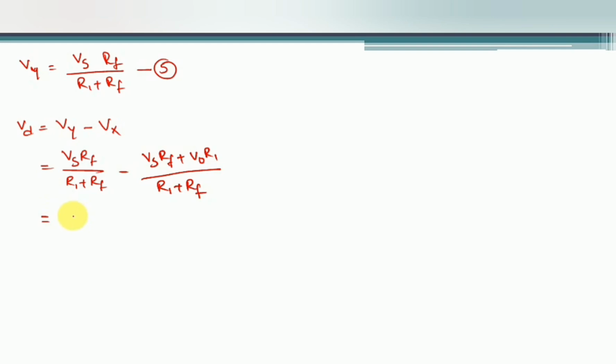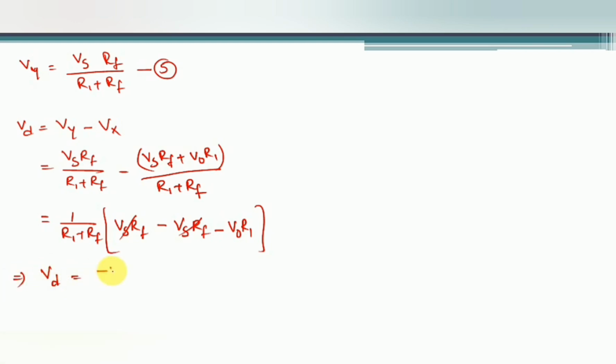Now take 1 by R1 plus Rf common, then it is Vs into Rf minus Vs into Rf minus V0 into R1. So these two will get cancelled. So finally Vd is equal to minus V0 into R1 by R1 plus Rf.